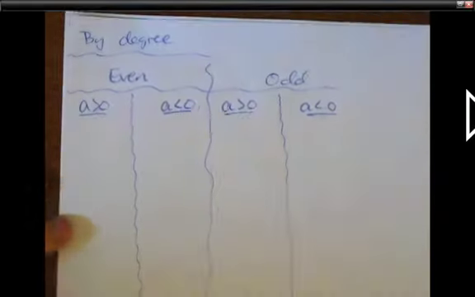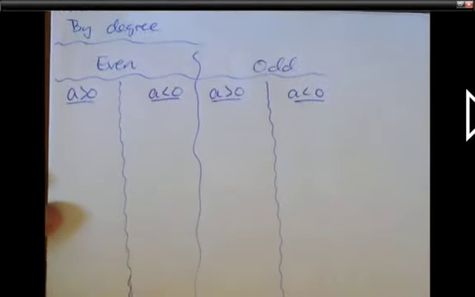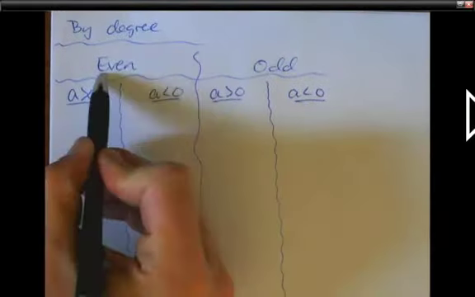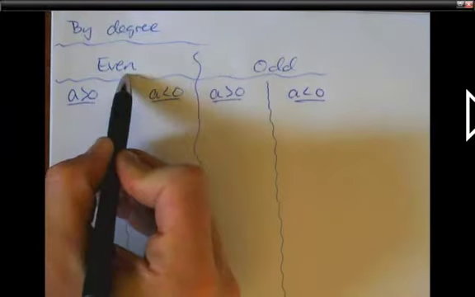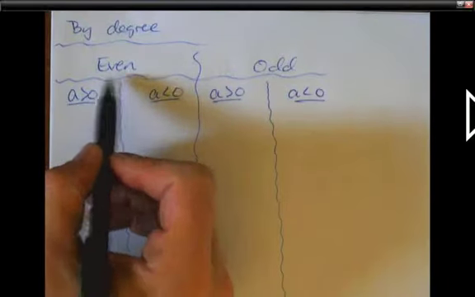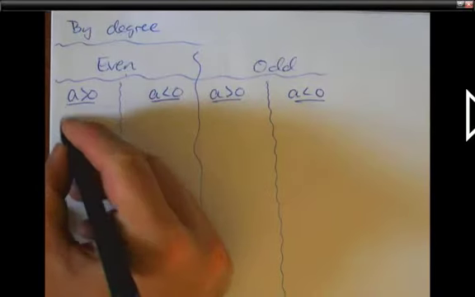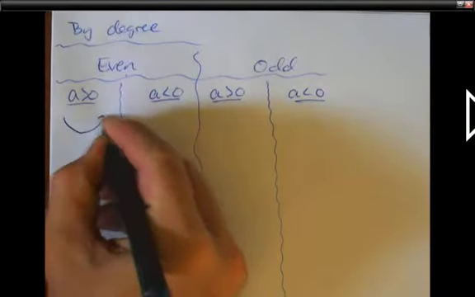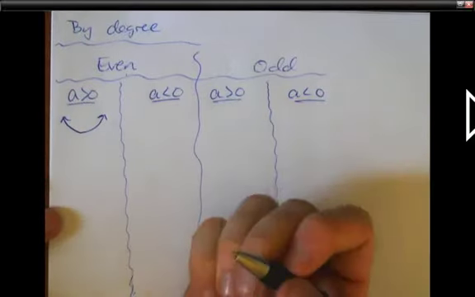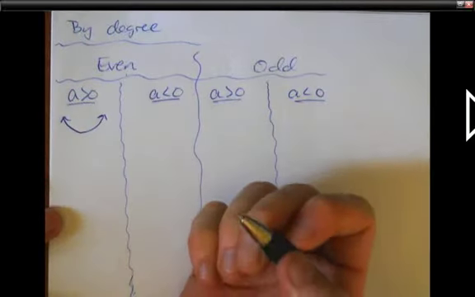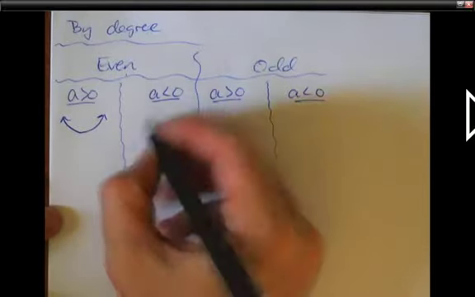Okay, so just kind of sketch a couple things here. If we have an even degree polynomial, if a is greater than 0, we're going to be both up. So there's an example of a quadratic. Even degree, leading coefficient is positive.